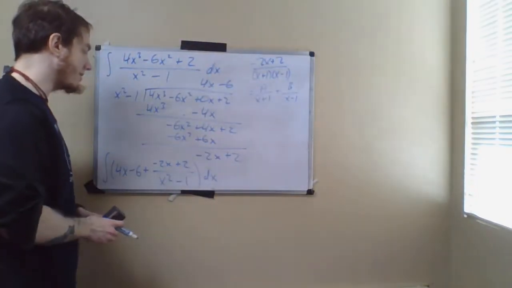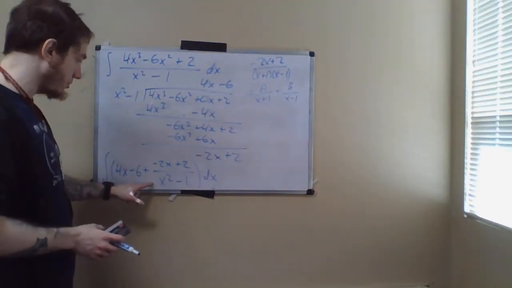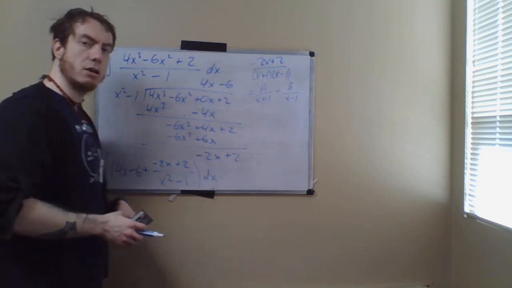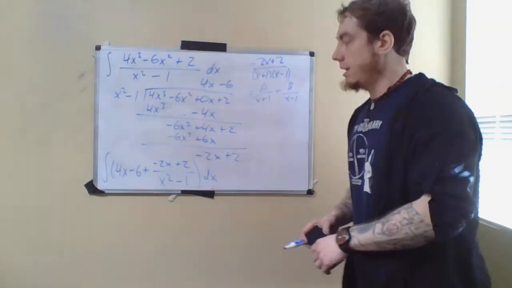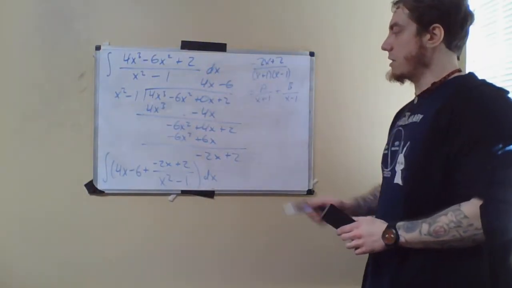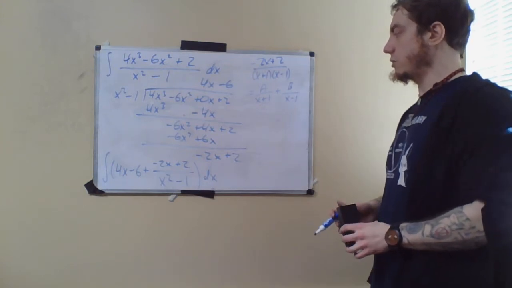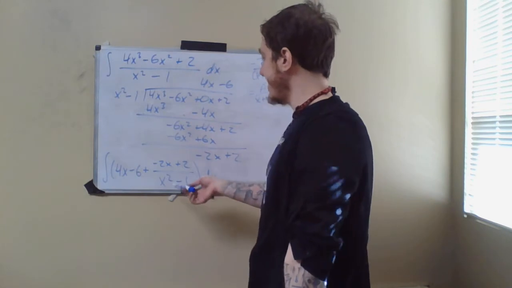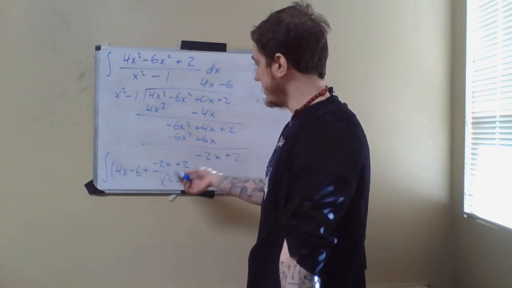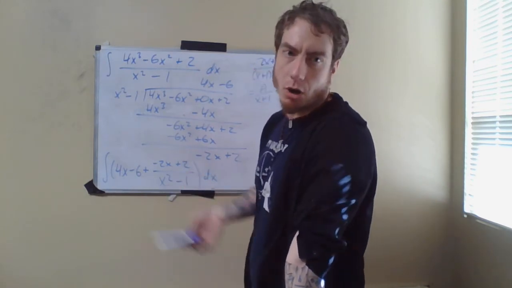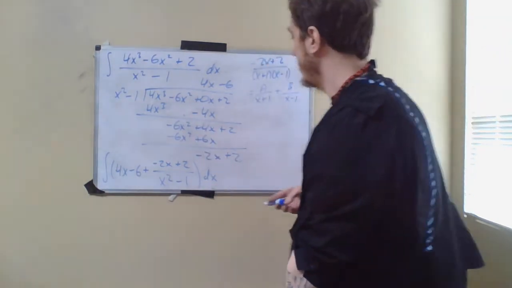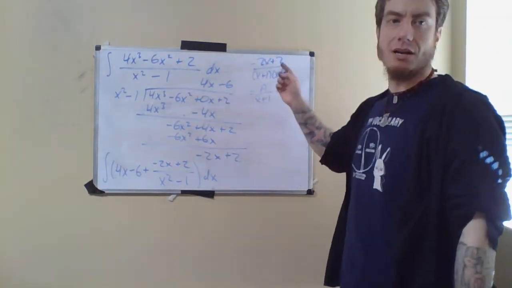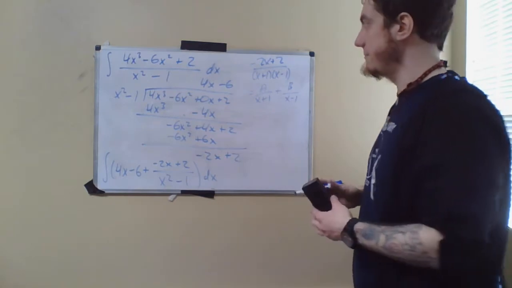The other thing, though, is that when you do trig substitution on this, you might end up with something really ugly that's difficult to integrate. So I wouldn't guarantee that trig substitution is going to work here. You would need x equal to secant theta, so you'd end up with something like a secant over a tangent. It'd probably work, but let's not mess around with it. Let's just do it by partial fractions if we can.